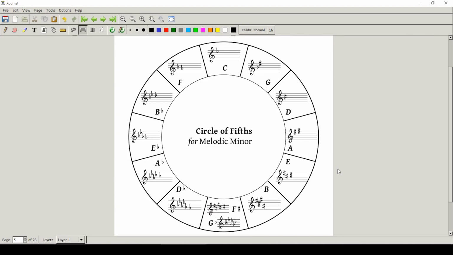However, if I move past my immediate neighbors on this diagram, so for instance, if I go from C melodic minor to D melodic minor, I skip a step, or if I go farther, at that point, clockwise motion really does become an upshift, just like we had before. E flat upshifts to E natural, and C natural upshifts to C sharp.